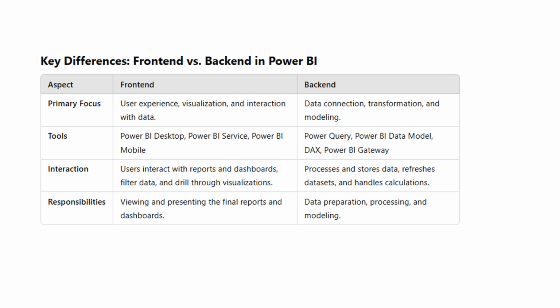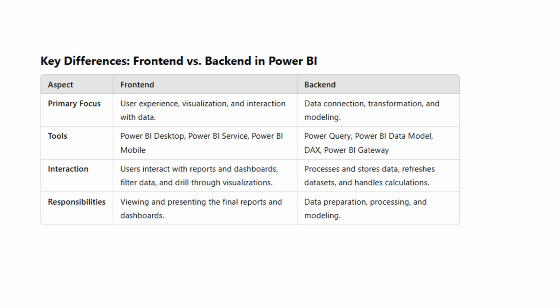The back end includes Power Query, Power BI Data Model, DAX and Power BI Gateway. Coming to interaction, in the front end the user interacts with reports and dashboards, filters data, and drills through visualizations. The back end processes and stores data, refreshes datasets, and handles the calculations.